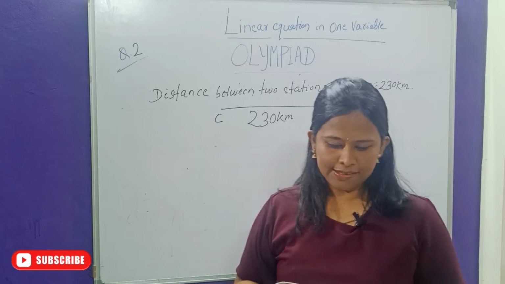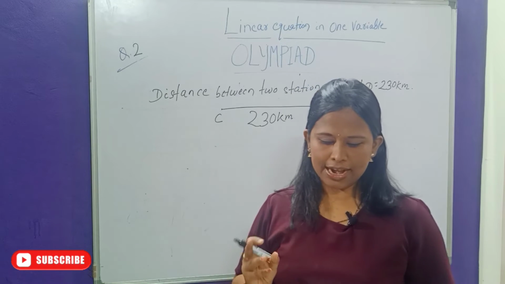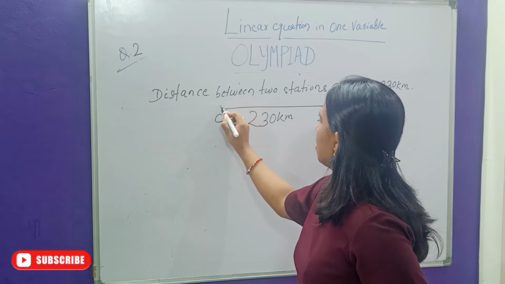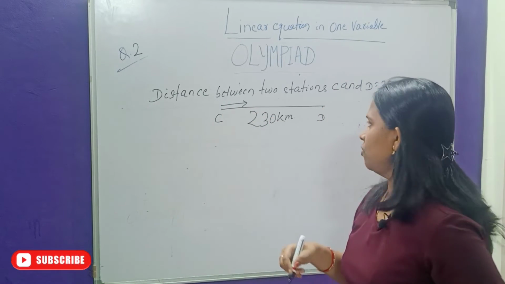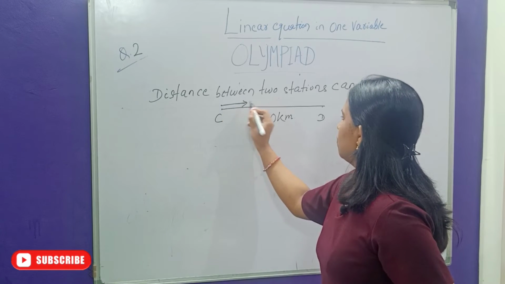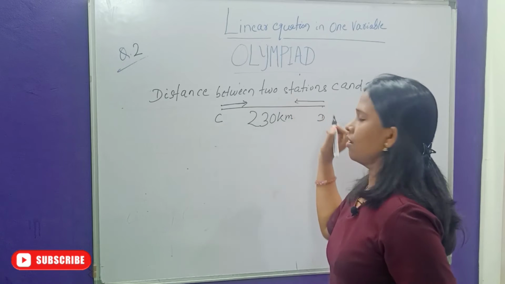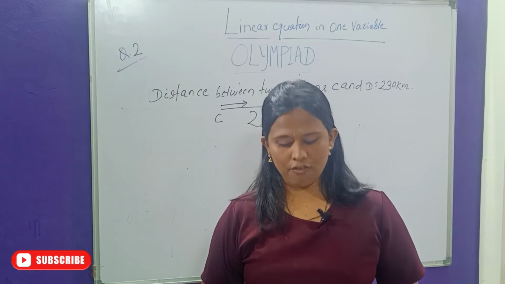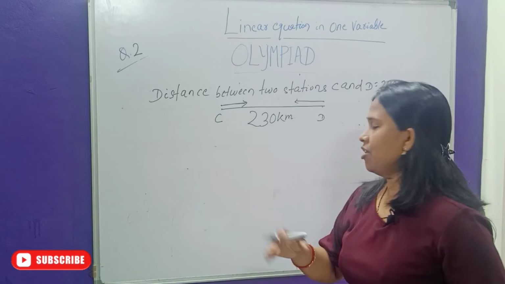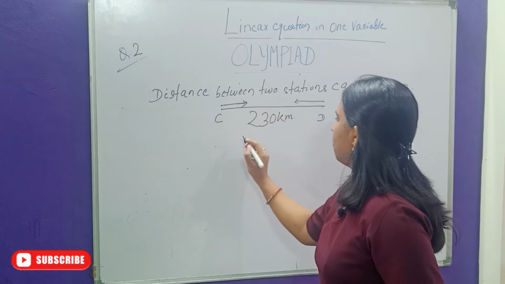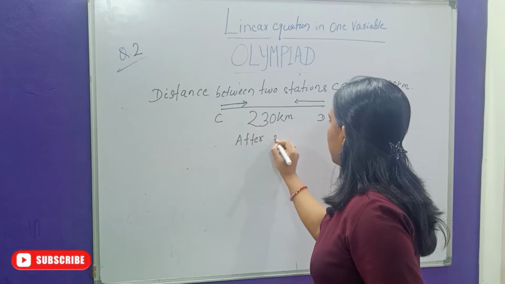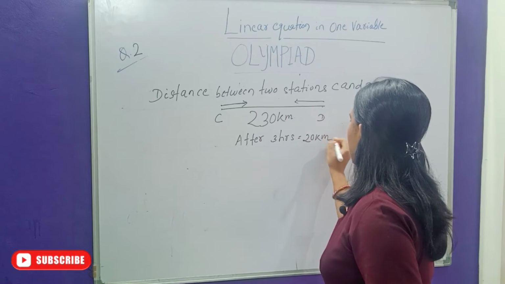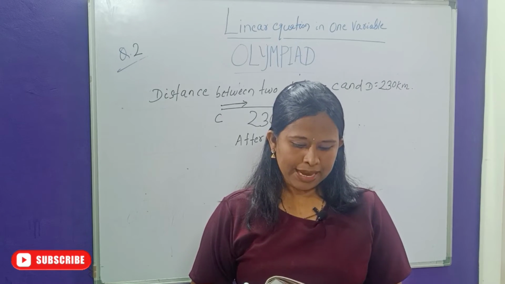Next, two motorists start simultaneously from C and D in opposite directions. One motorist starts in this way, the other starts in this way. After 3 hours, the distance between them is 20 kilometers.